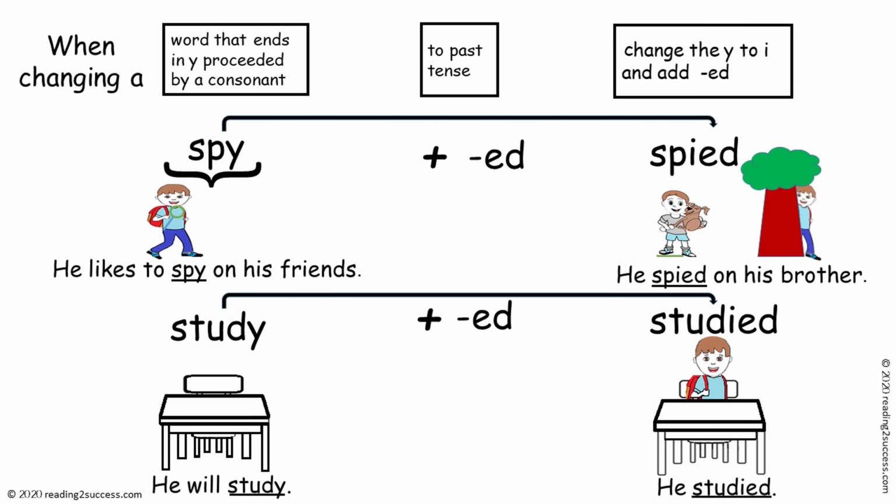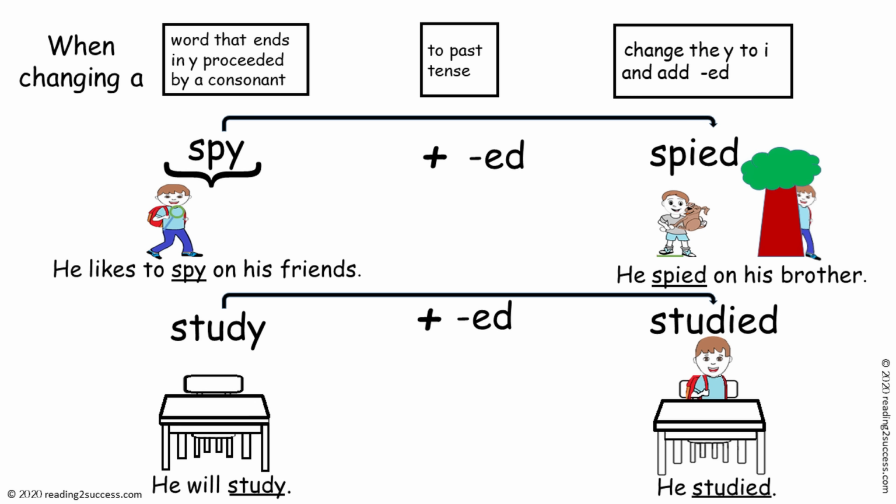Again, when changing a word that ends in Y preceded by a consonant to past tense, change the Y to I and add ed. So spy ends in a Y and it is preceded by a consonant P. So when we add ed, we're going to drop the Y in spy and make it an I and add ed.